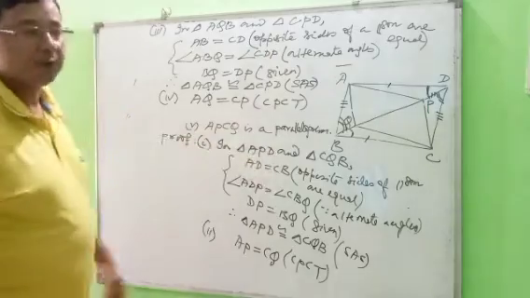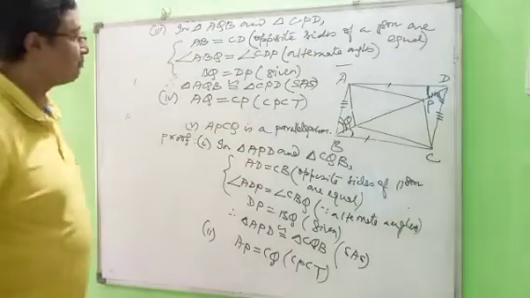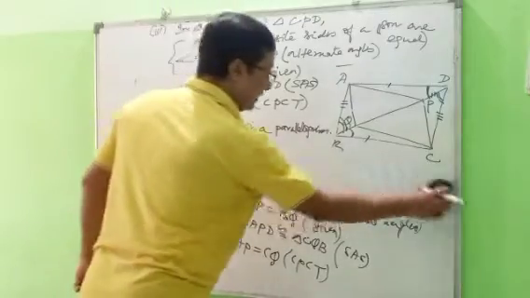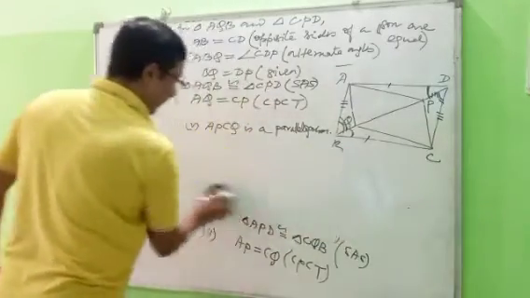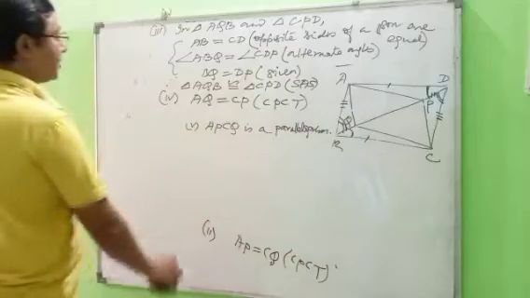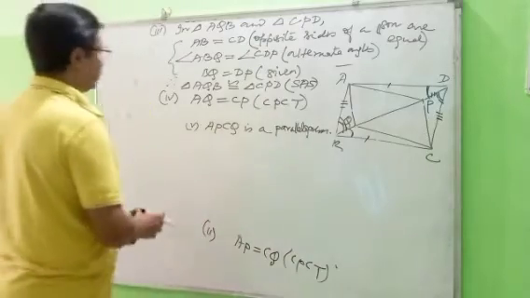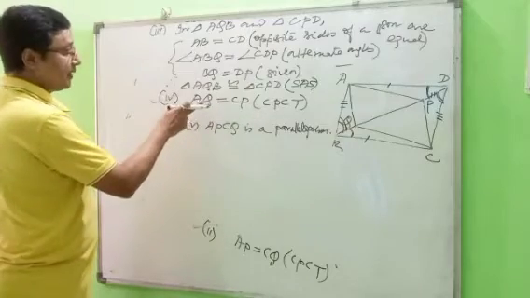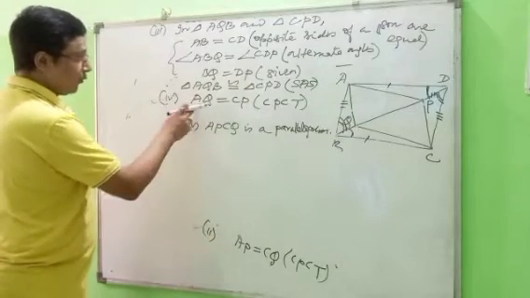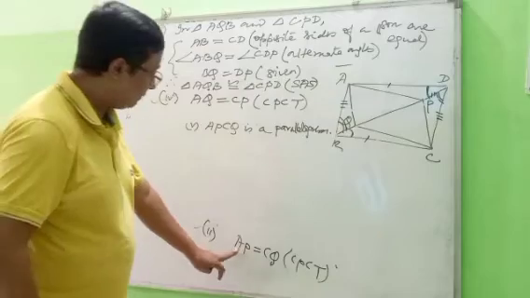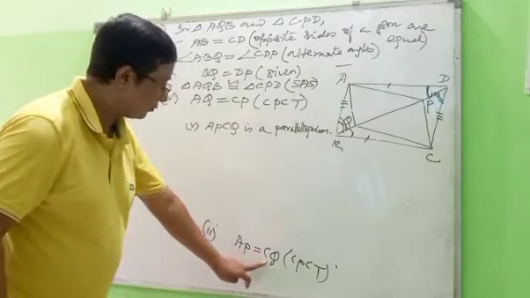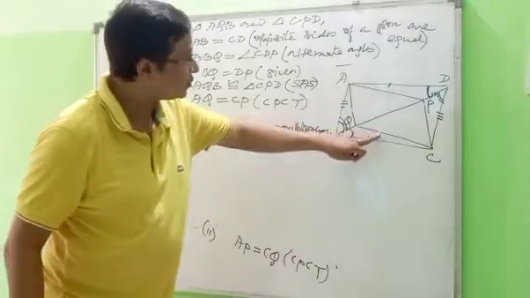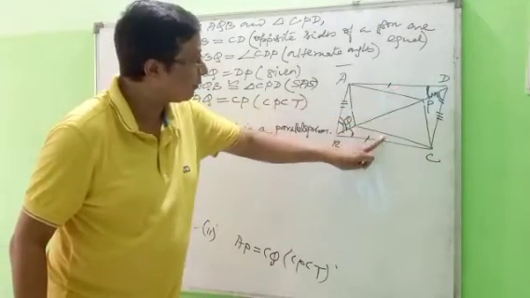So out of these 4 conditions, one of them must exist. Now you see here, you have proved that both pairs of opposite sides are equal, in proof number 2 and proof number 4. In proof number 2, you have got AP equals CQ by CPCT, because you made these two triangles congruent in proof number 1.